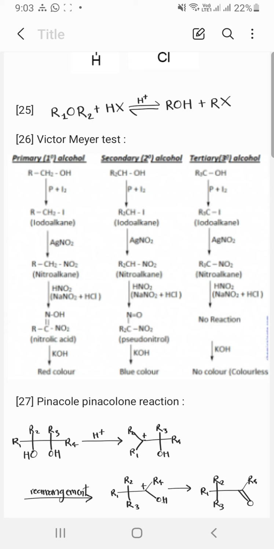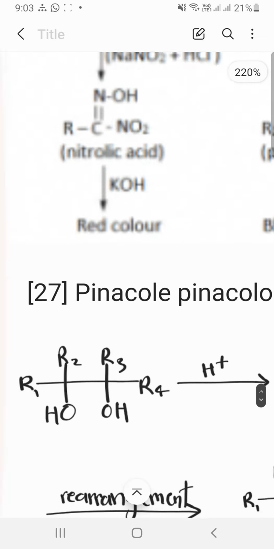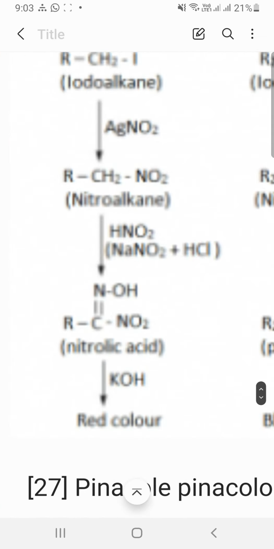Then you treat it with HNO2, NaNO2 plus HCl. That's weird. Okay, cool. I don't know what the mechanism of this step is, but if it's saying that this works, well, then that works.